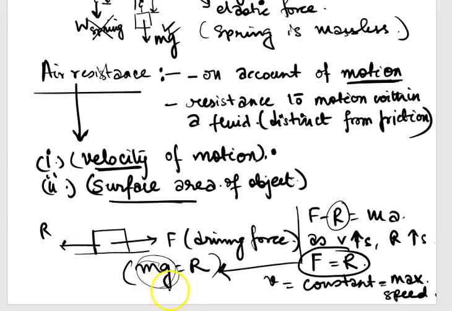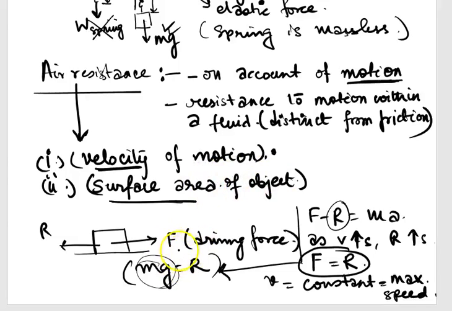As it pulls the object down, it accelerates again, so its velocity again increases. So R again increases, till again a time is reached when mg equals R, but now at a much lesser velocity because surface area of the object is increased, and the constant velocity that is required at mg equals R the second time round is far less, and is much safer for the person to land on hard ground.